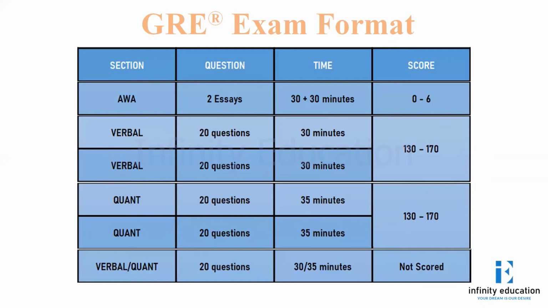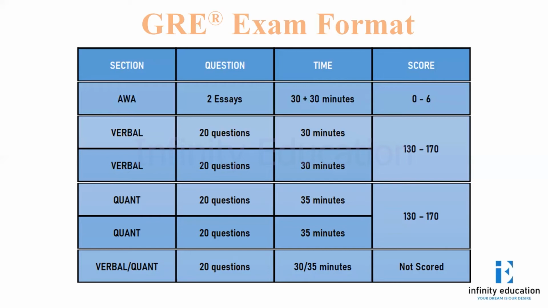So on the given day of the test, you are alert that there are 5 sections to be solved, and 3 of them can be verbal or 3 of them can be quant. Whatever be the case, the one extra section that comes, either verbal or quant, is basically an unscored section. That means whatever you do over these 20 questions will not have any impact on your test score.